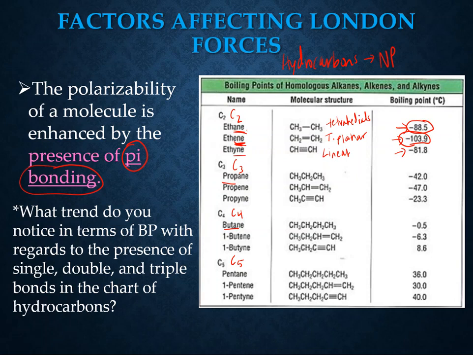The tetrahedrals more look like the long, skinny type thing, whereas these planar ones branch out a little bit. And the branching out is what's going to affect it. In this particular case, the double bonds are not stronger, because if you look at the boiling point, it's lower. So that means its forces, double bonds are stronger than single bonds within the molecule. Those intra forces are stronger.